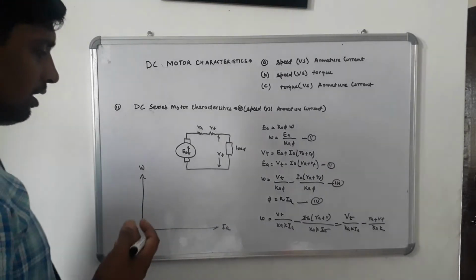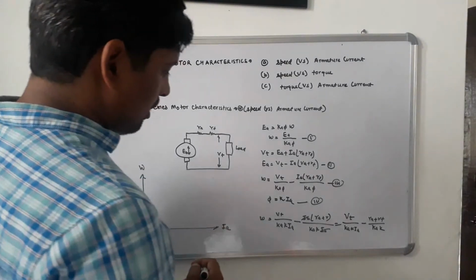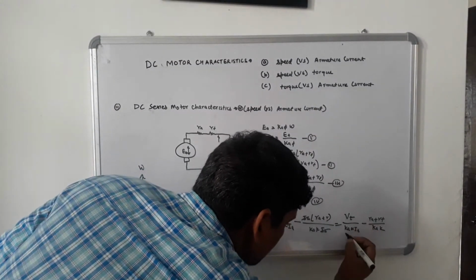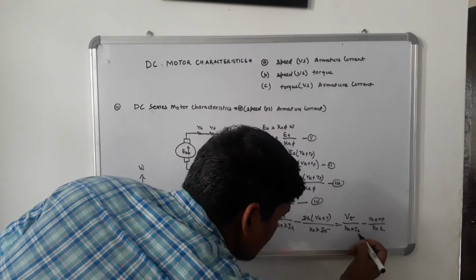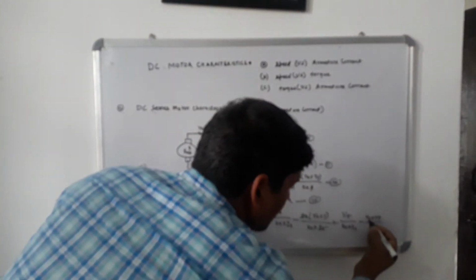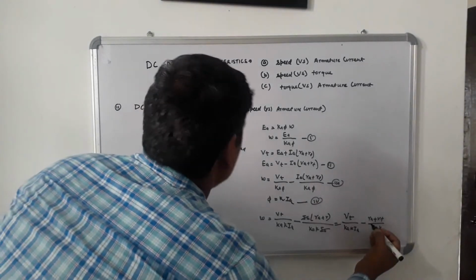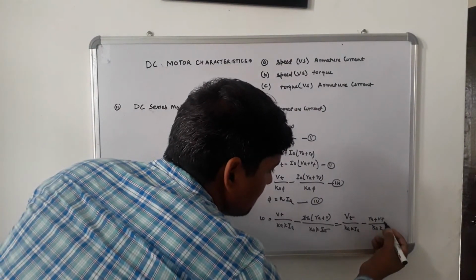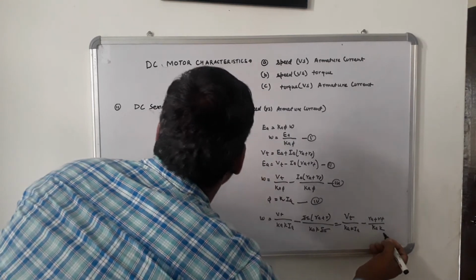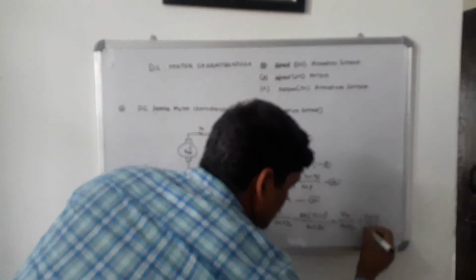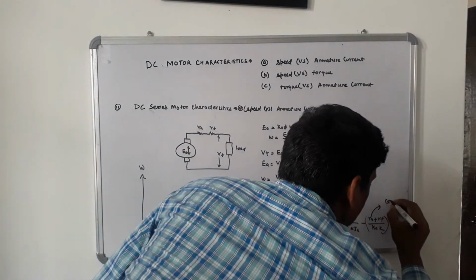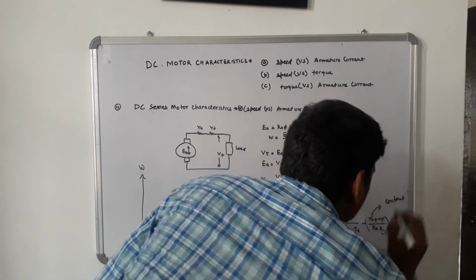If we see this equation, VT is the terminal voltage, K and K are constants, IA is the armature current. Here RA is the armature resistance, RF is the field resistance. K is constant and K is also constant. So these terms are replaced by a constant term.